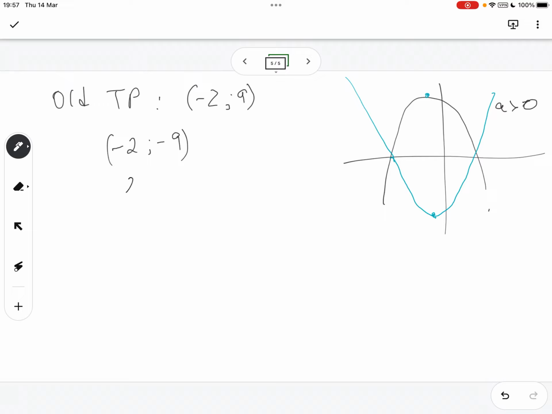Since we're told that it's mirrored like this, A in this case is positive, and our equation should be f of x equals positive (x minus 2) squared minus 9. I think that's what the equation should be. So the coordinates of the new turning point would be -2, -9.